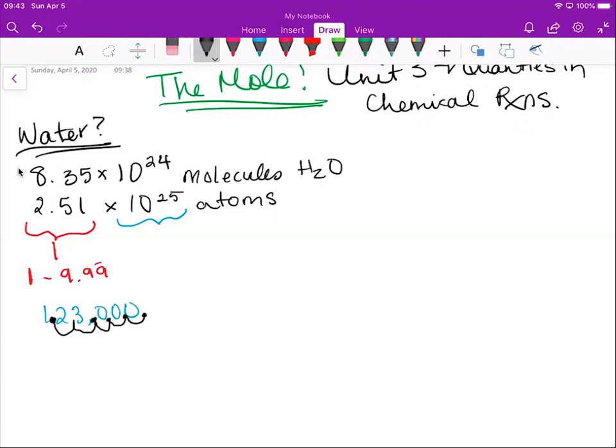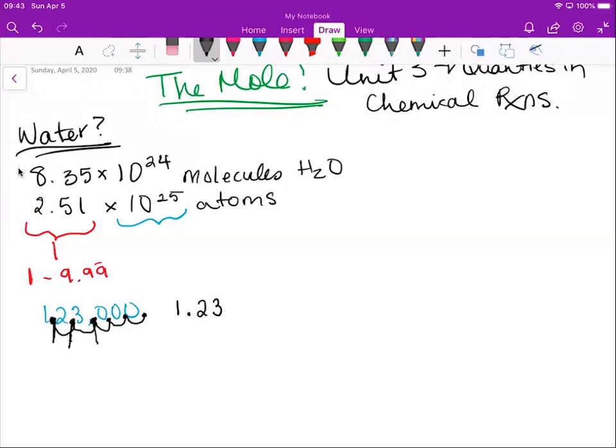So say if I had the decimal here, it'd be 123. If I moved it over here, it'd be 12.3. But if I finally move it to this spot here, it's 1.23. And that's the number I want. It's between 1 and 9.999, whatever, okay?